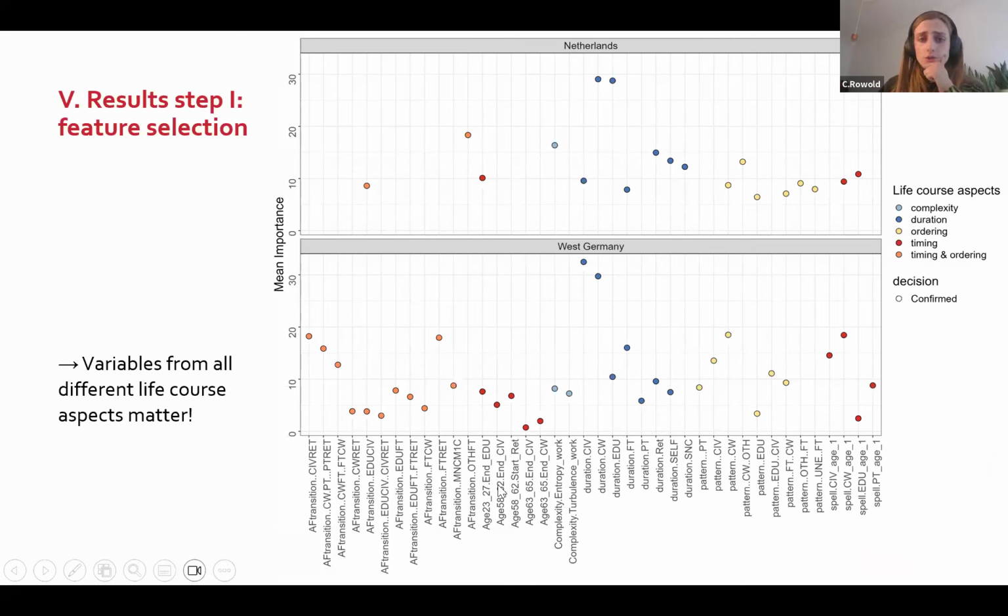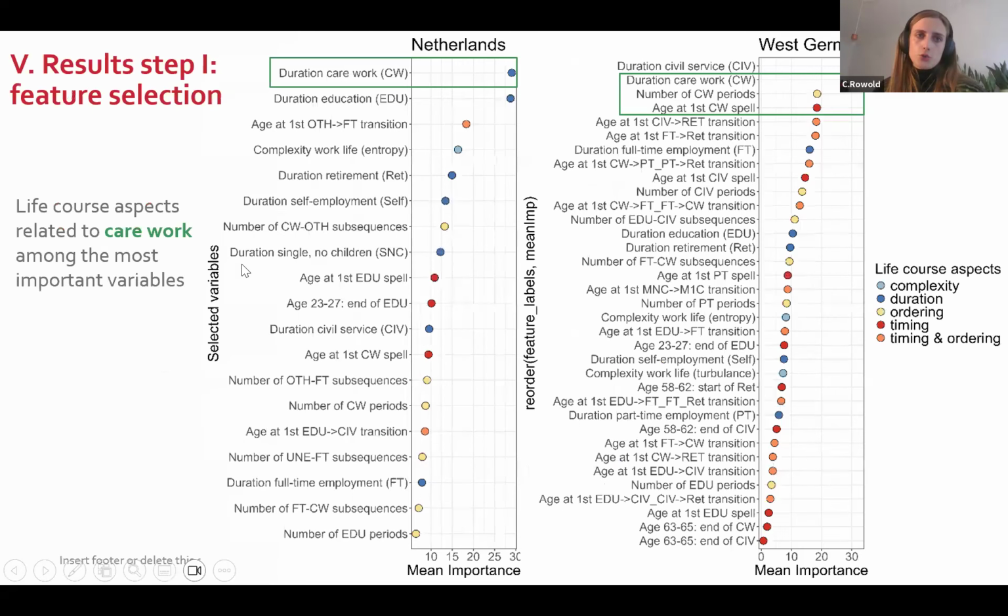I just wanted to highlight first by basically color coding here the different aspects, complexity, duration, ordering, and timing, that in both countries I identify variables from all different life course aspects that matter actually. In the Netherlands, maybe a bit less of timing is important, whereas in West Germany, it's quite nicely, almost equally distributed.